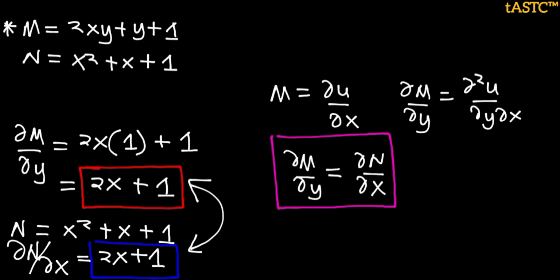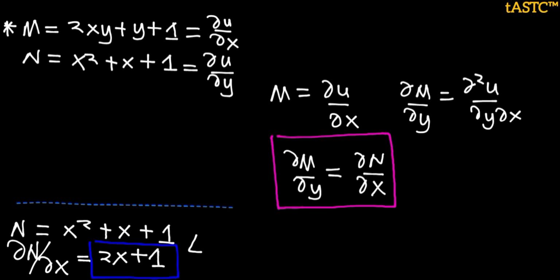Now we know that m is the same thing as partial u, partial x. And this is the partial u, partial y. That is what we said. So I'm going to take these ones out.